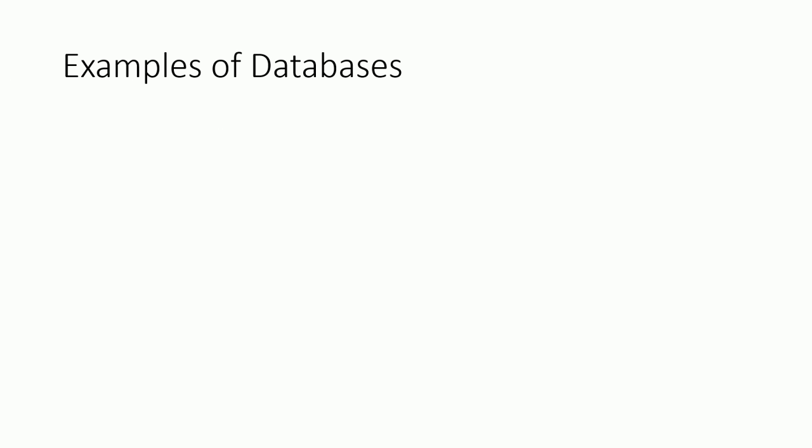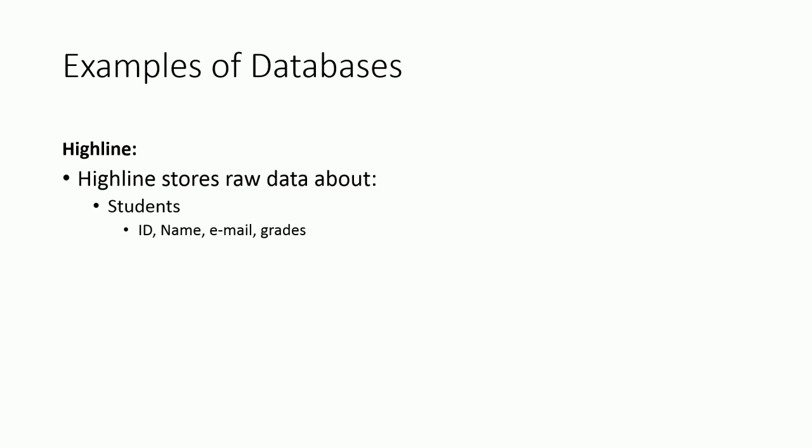All right, examples of databases. How about here at Highline? Highline stores raw data about, well, how about students? They have ID, name, email, grades, and lots of other information. Now, one important difference between a database and our study in Access as compared to Excel is we will always have what's called a unique identifier or primary key.